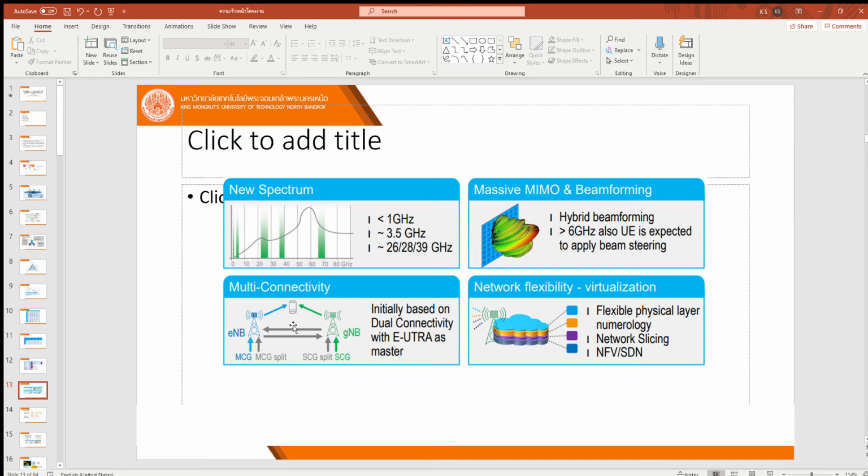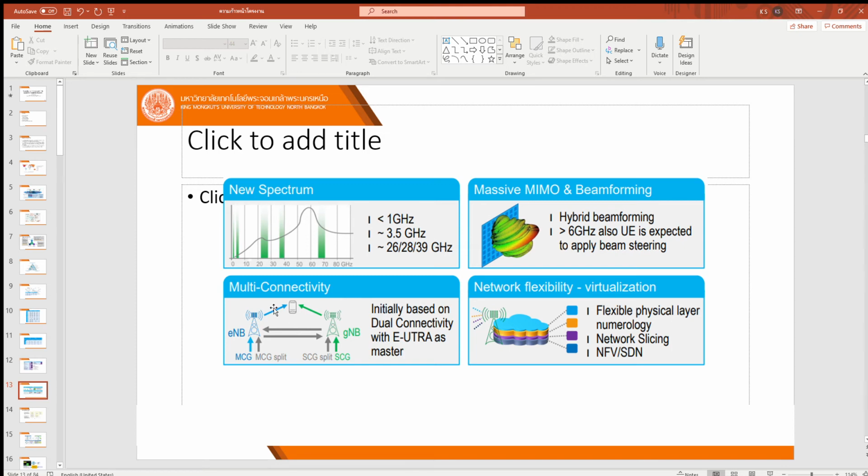And you can use massive MIMO and beamforming, hybrid beamforming, for frequencies above 6 gigahertz, and the UE is expected to apply beam steering as well. When you go for beam steering, that means you can move the beam of the signal up and down in 3D. In that case, you can reduce the interference between two devices.